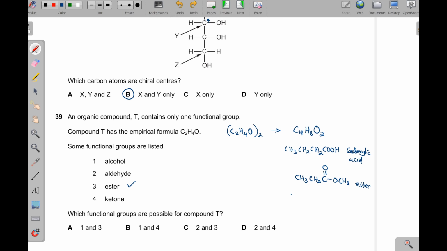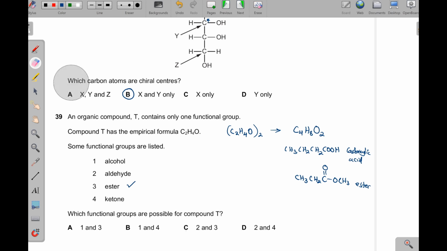Now we multiply by 2 and we got 2 oxygens. An alcohol must have 1 oxygen, like CH2OH or CH3OH. So an alcohol has only 1 oxygen.